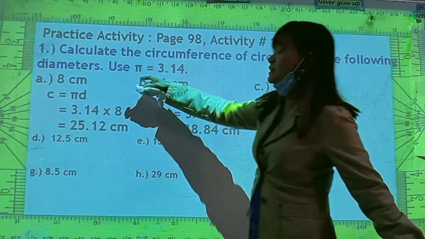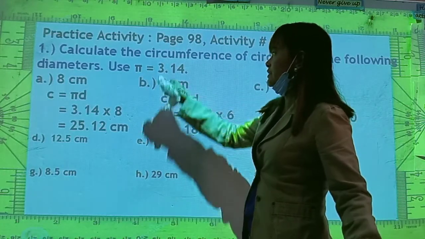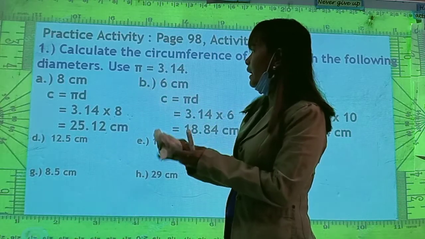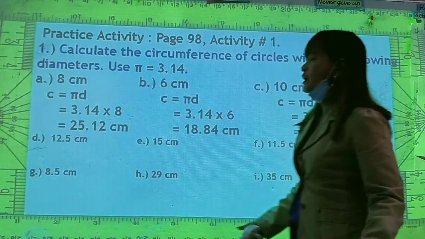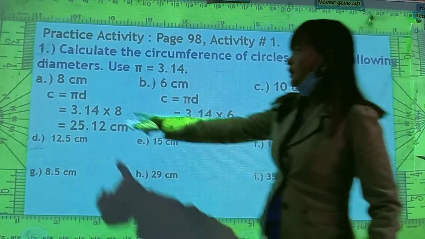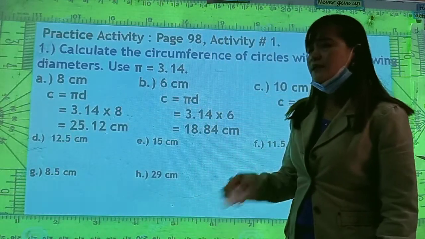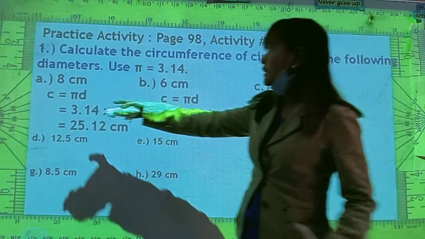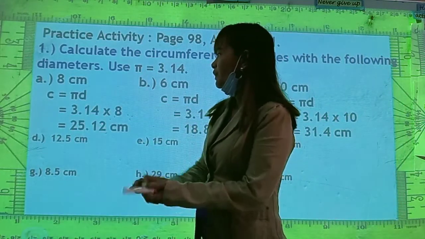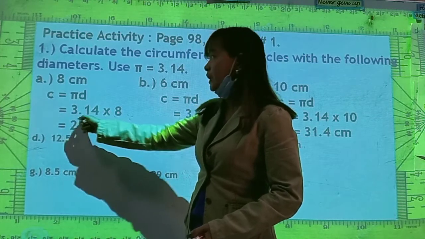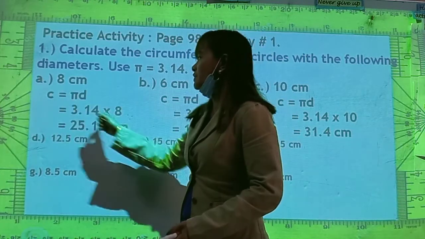Use pi is equal to 3.14. So, we are going to use the value of pi, which is 3.14. Letter A, we have 8 centimeter. Again, class, circumference is equal to pi times diameter.